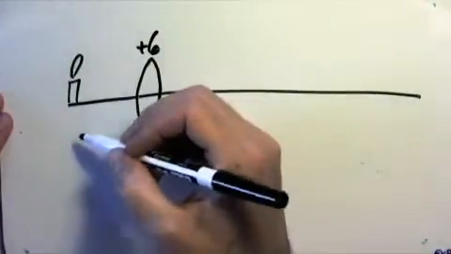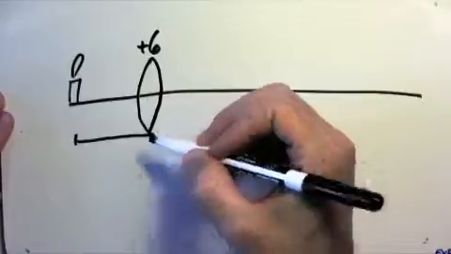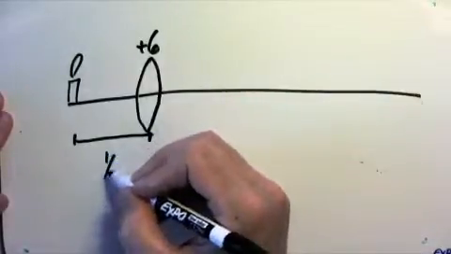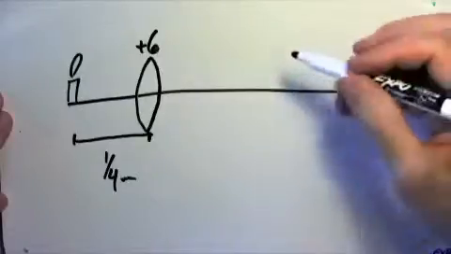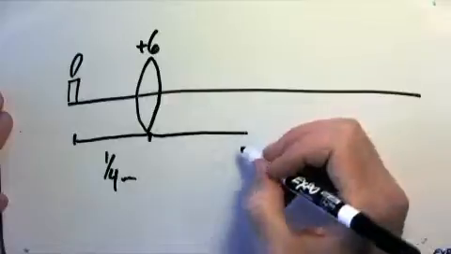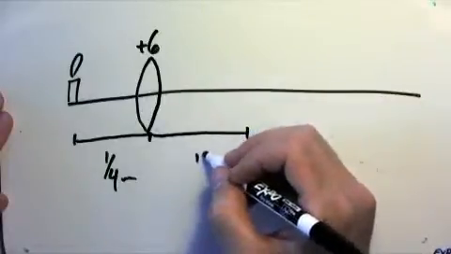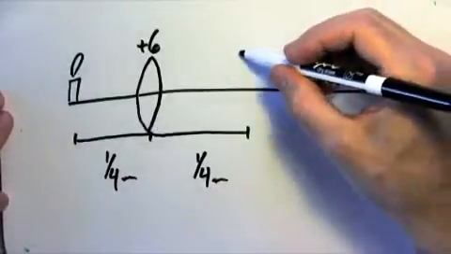And I'm going to give you quite a bit of data here. I'm going to say that this distance here is 1/4 of a meter. And I'm going to have another 1/4 of a meter here to get us to an unknown lens.